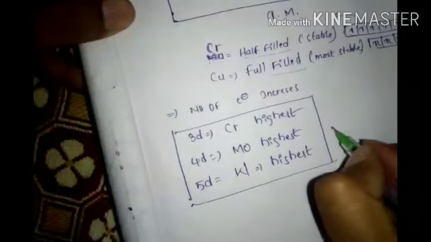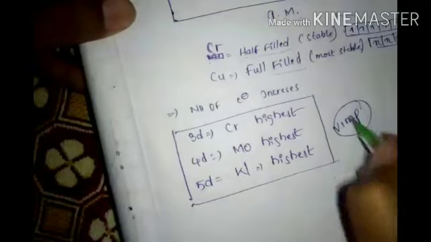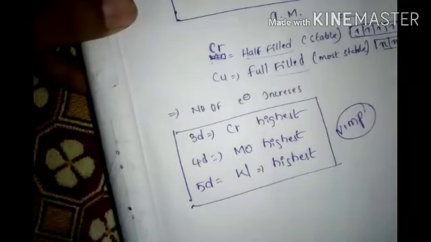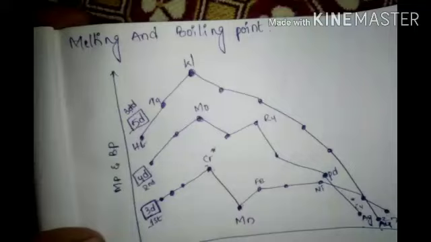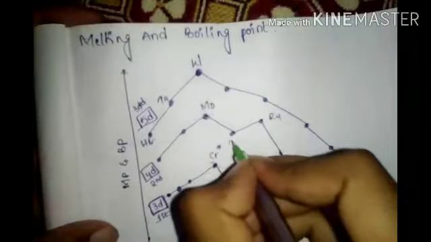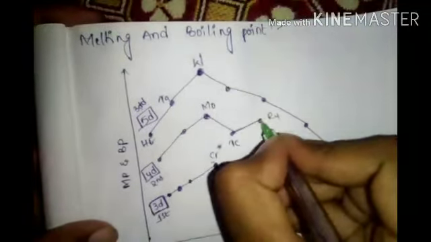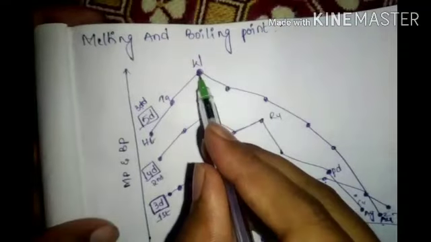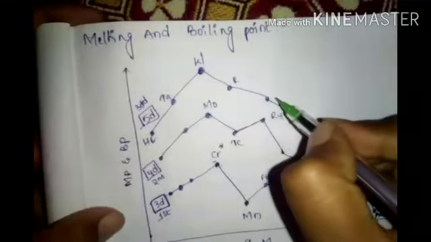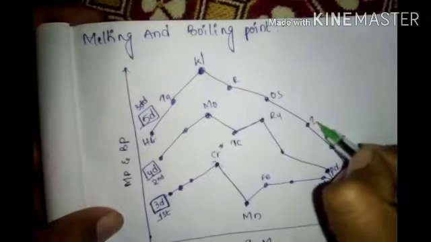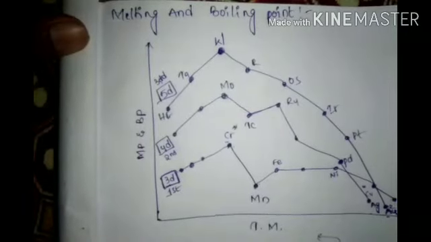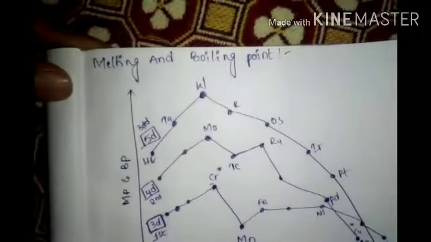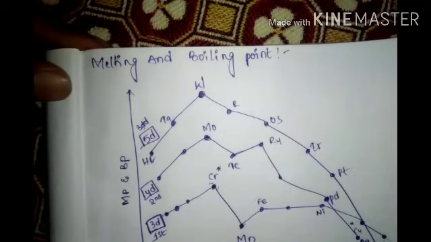You have to remember this box, and the graph will come automatically. Molybdenum to technetium decreases, then ruthenium increases. Wolfram to rhenium, osmium, iridium, platinum, silver: you have to remember it that way. Okay, this is the melting and boiling point of transition metals.